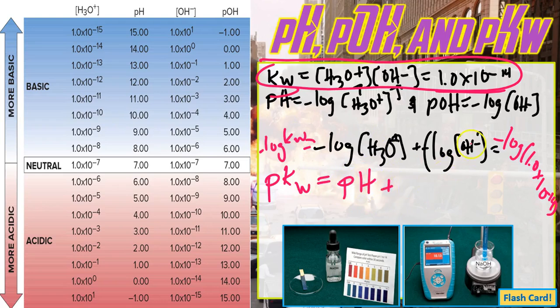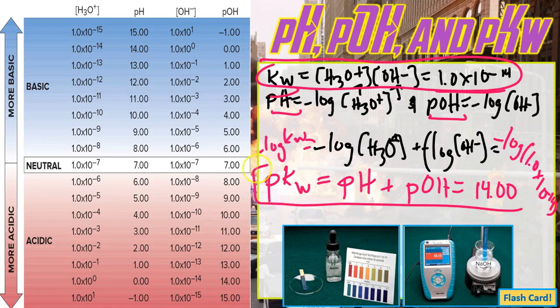Of course, we add that to the negative log of OH minus, which simplifies to pOH, which we already know. And this whole thing is equal to the negative log of 1.0 times 10 to the negative 14, which is simply going to be 14.00.